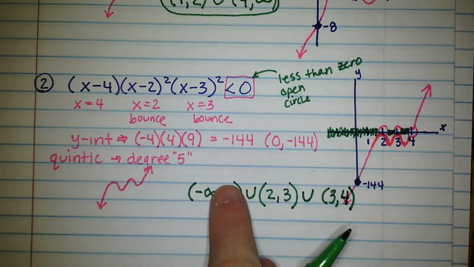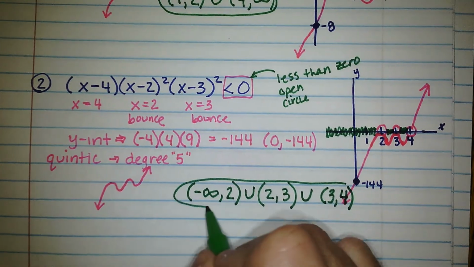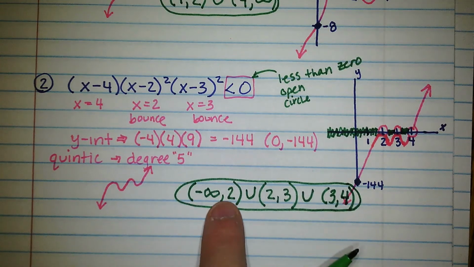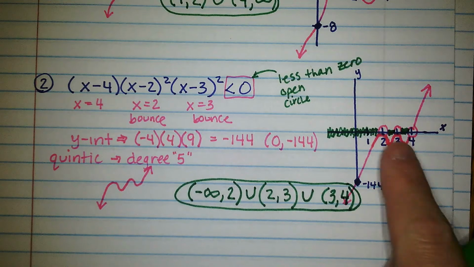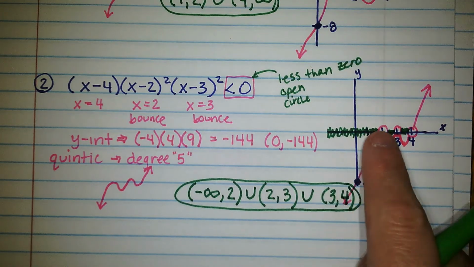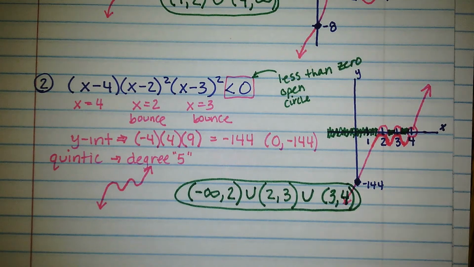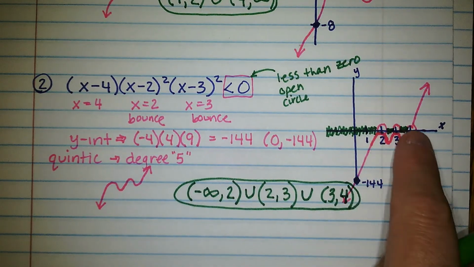And that's my entire answer. My solution set for this inequality is negative infinity to 2, union 2 to 3, union 3 to 4. Those are all of the sections of x where y dips under the x-axis. And again, the reason why we have 3 sections, we have to, is because they're open circles.